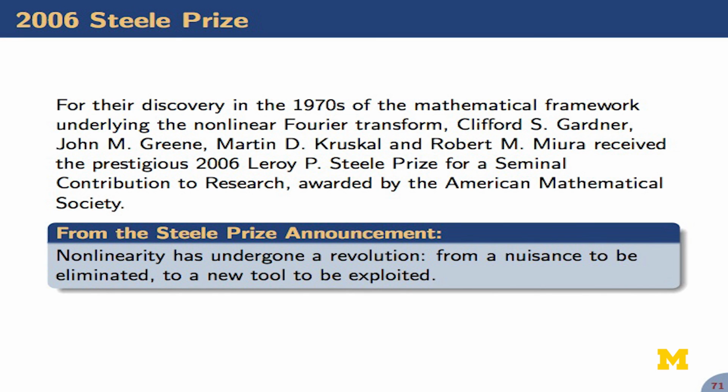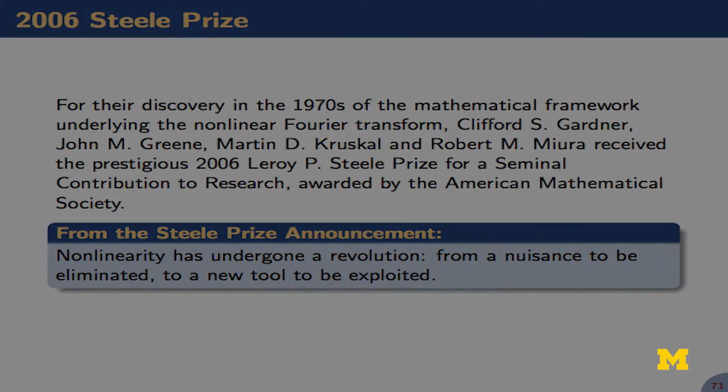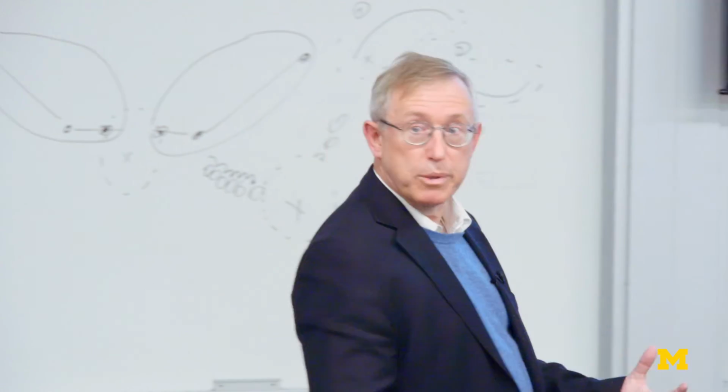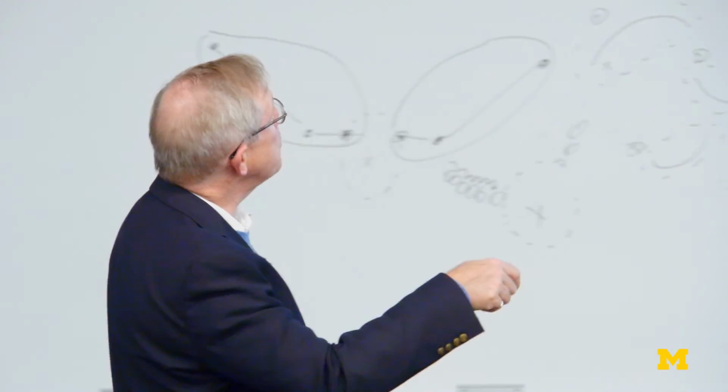I want to stop with this quote. In 2006, the Steele Prize, given by the American Mathematical Society for career-defining contributions, was given to Gardner, Greene, Kruskal, and Miura. They got the prize for inventing the mathematical framework I've been talking about in this talk.